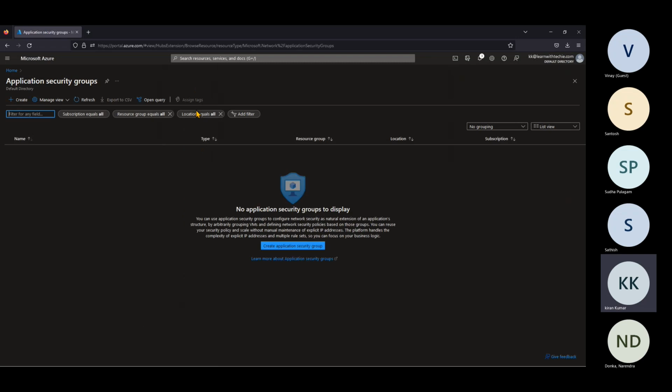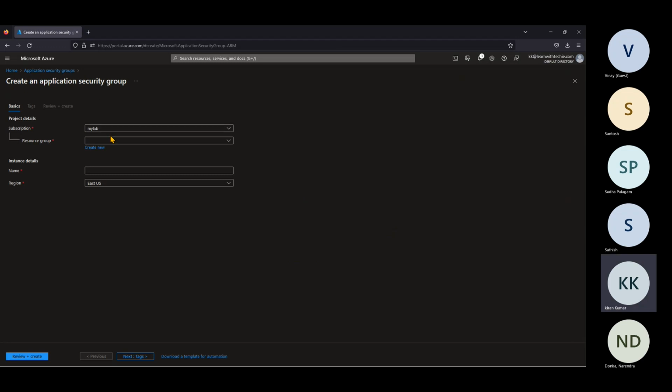Here, create an application security group, and provide the name and resource group. Suppose this is an AD server, so AD ASG01, I can give like this. That's the reason, specific application-wise, we can create a specific application security group. That's why it's called application security group. Suppose for my AD server purpose, AD ASG1. If it is a web server, then web ASG, SQL then SQL ASG. Like that we can create it.